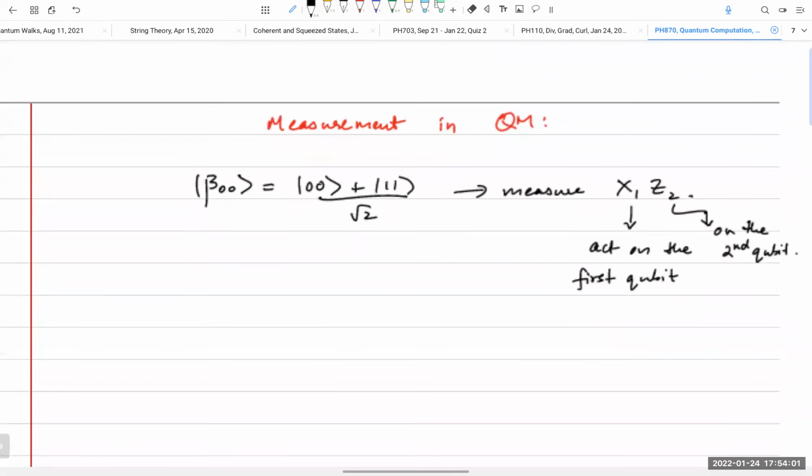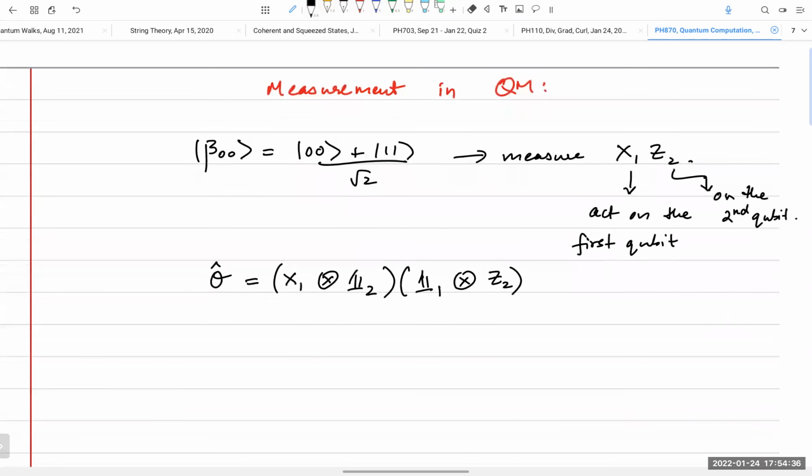If I want to be technical about it, the operator corresponding to this x1 z2 will be written as follows: x1 tensor identity, multiplied by identity tensor z2.